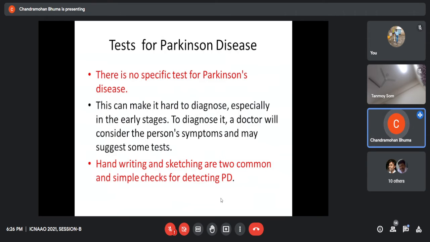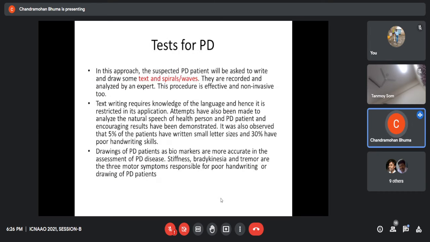So what are the tests for Parkinson's disease? As such, there is no specific test for Parkinson's disease, and that's the reason why it is difficult to diagnose at the early stages. Usually the doctor will consider the symptoms of the person and may suggest some tests. One simple and effective test is handwriting and sketching, two simple checks for detecting whether a patient is suffering from Parkinson's disease or not.